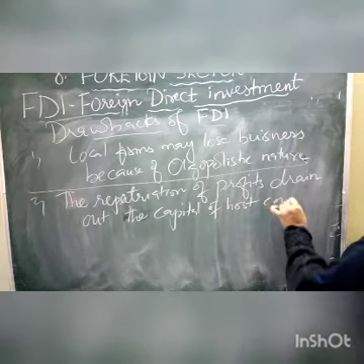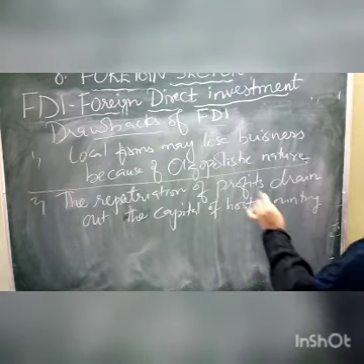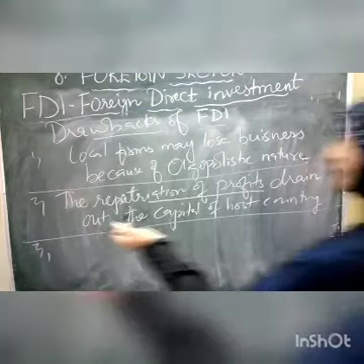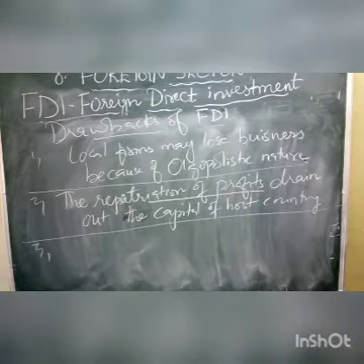Which is the host country? India is a host country. So we are not getting any profit. Whatever countries are investing, they are only utilizing all the profit. They are only enjoying all the profits, children.